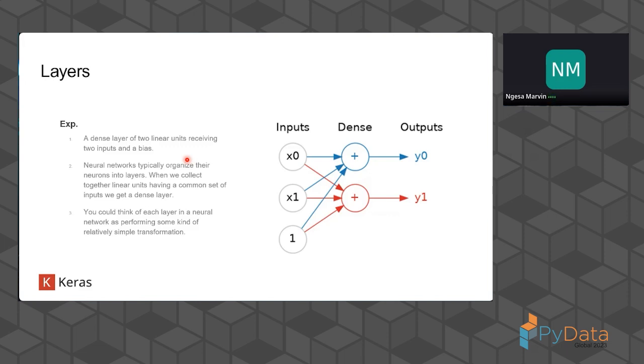Or, the way I define it, if you are a coder, you could say a layer is an object that encapsulates a state. That state has the weights and biases, for example. And then it also has the ability to do computation, the forward propagation.